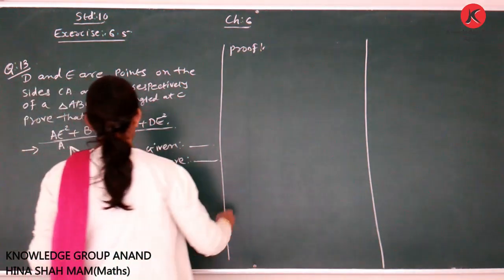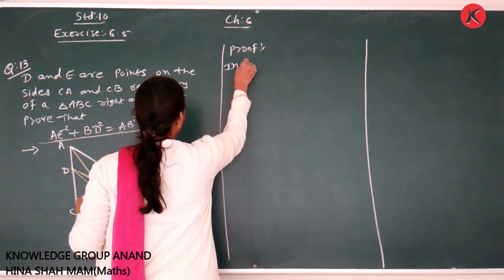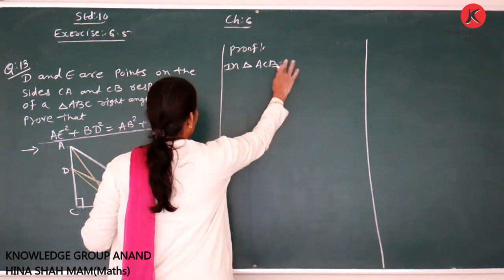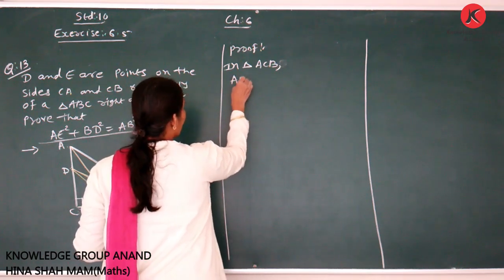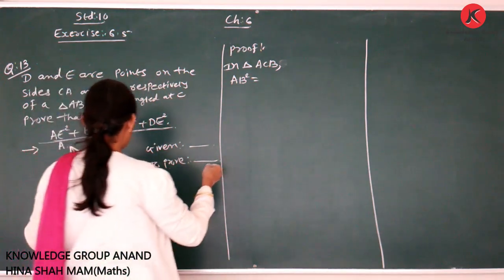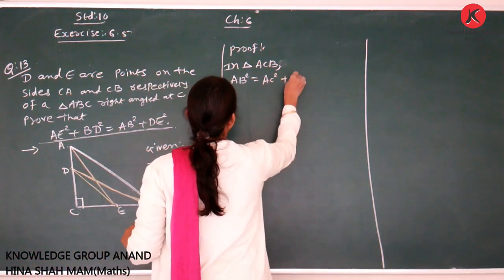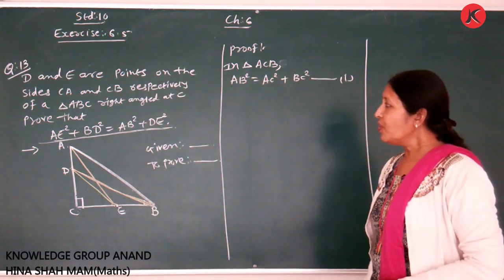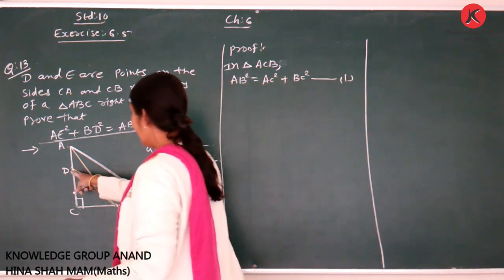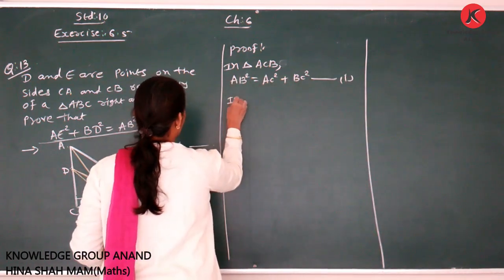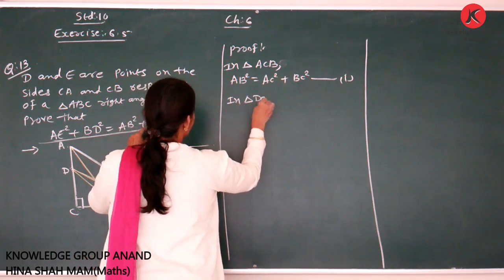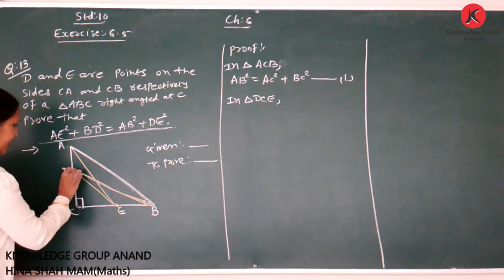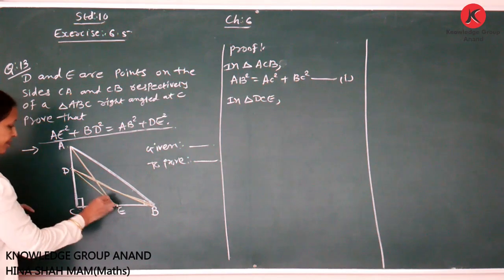Here in triangle ACB, first we take Pythagoras rule, yes. AB square is equal to AC square plus BC square, result number 1. Now right triangle DCE, what is Pythagoras rule?